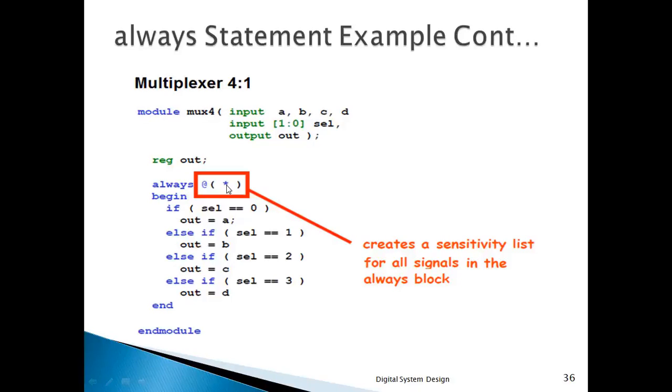It means that if any of the variables used in the always block body changes its value, then this always block will be executed again and again.